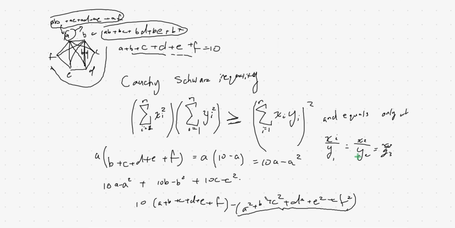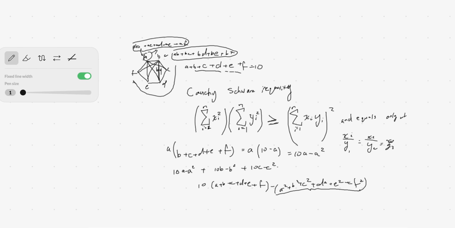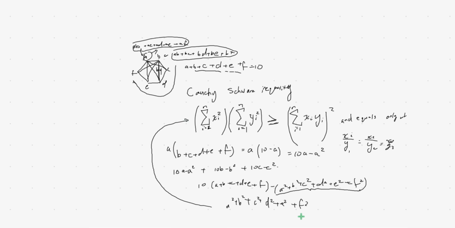So this part, a squared plus b squared plus c squared plus d squared plus e squared plus f squared, is going to be greater than or equal to, well, actually we need to define what y is. y is going to be 1 squared plus 1 squared plus 1 squared plus 1 squared plus 1 squared plus 1 squared.